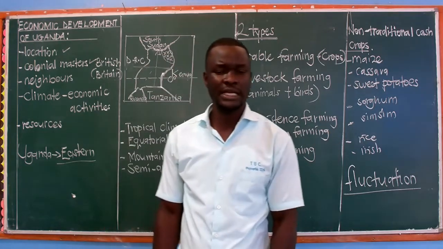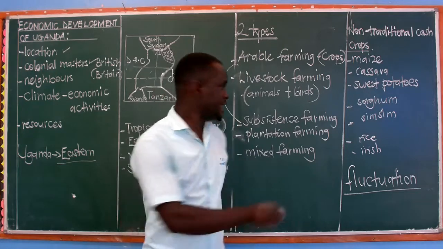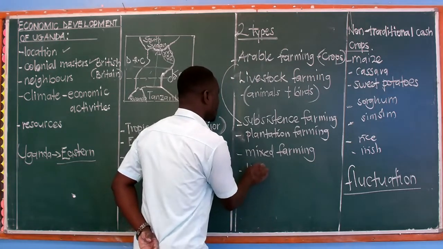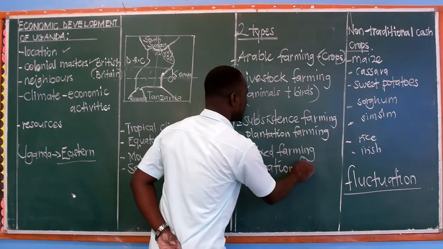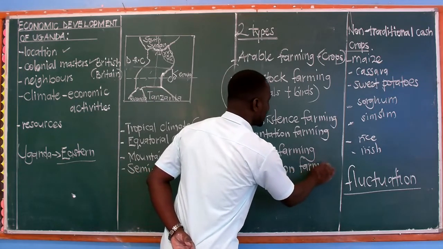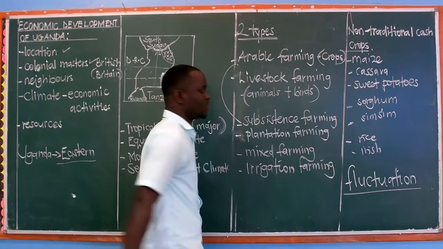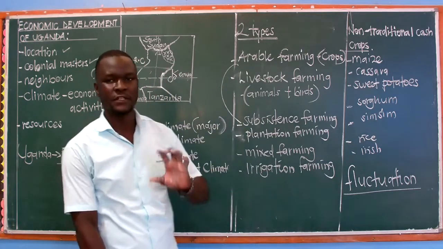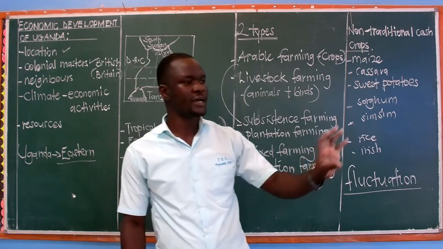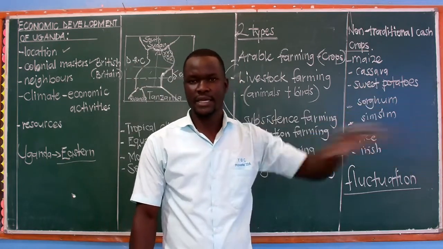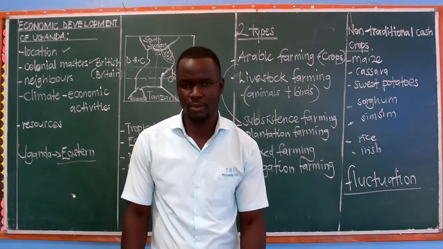Next, we have what we call irrigation farming. Irrigation farming also comes under arable farming, in that we are looking at the extension of water, or the artificial supply or connection of water to a drier area in order to make crop farming possible.